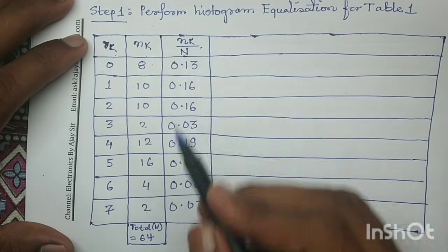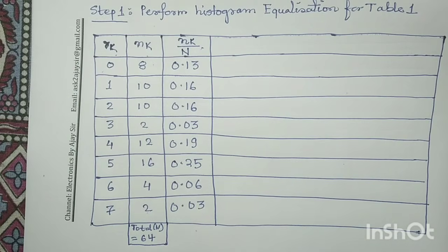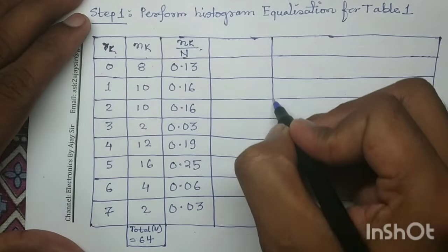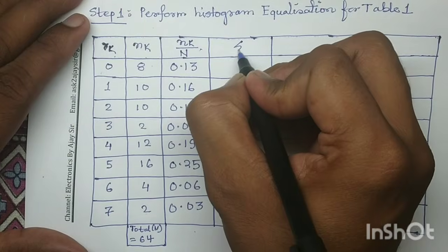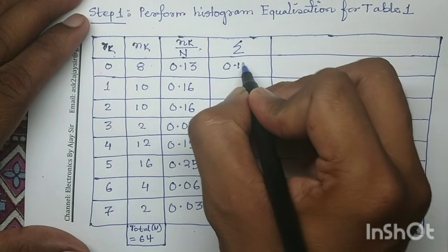So after determining the probability density function, PDF, next we will determine the CPDF, that is the cumulative probability density function, represented by sigma. So first I will write 0.13.